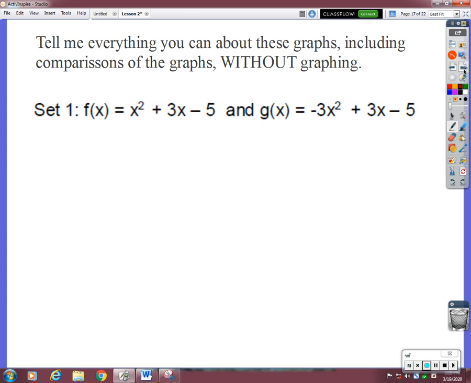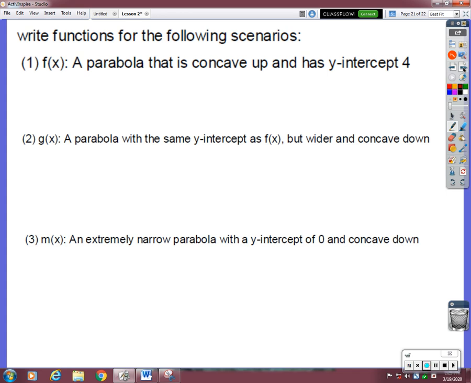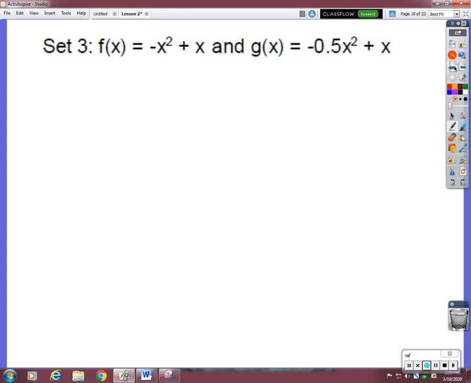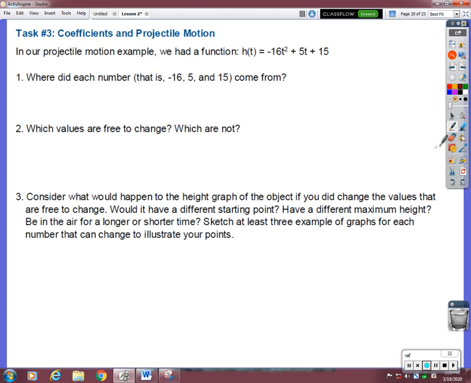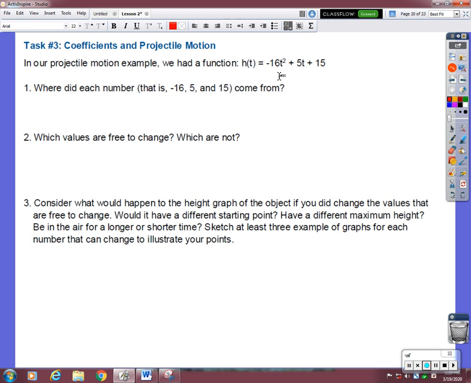Yeah, so let's just jump ahead to task number 3. Task number 3 relates more directly to what we were doing the last time we were together in school, which was to talk about how parabolas relate to things that fly through the air, like gravity. And we talked about there being 3 different numbers, the -16, the 5, and the 15.